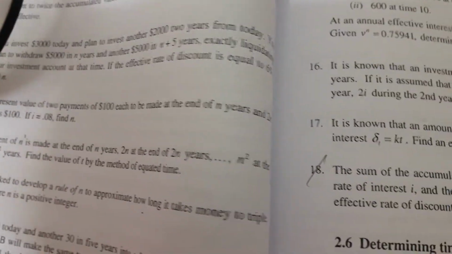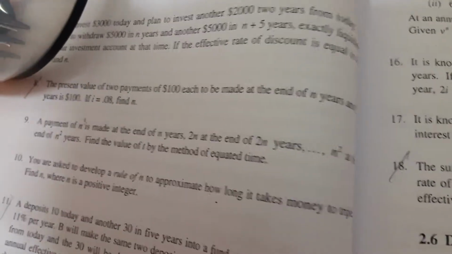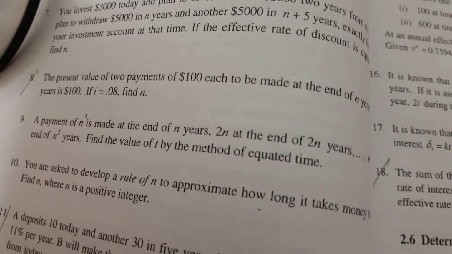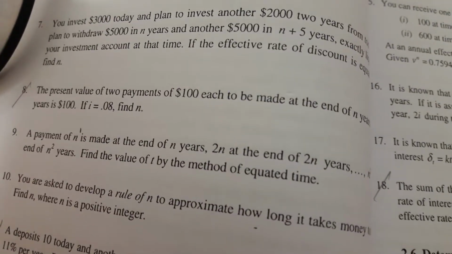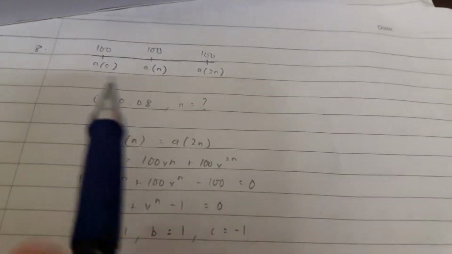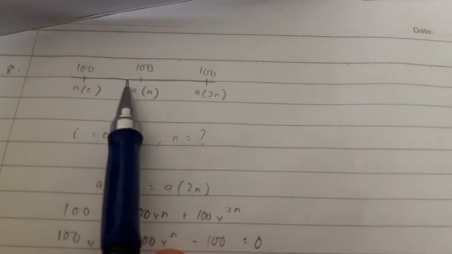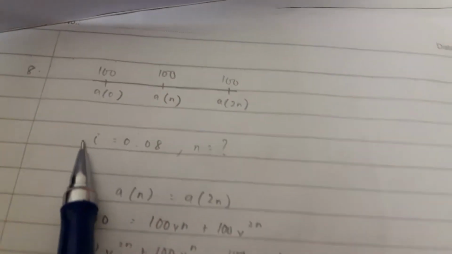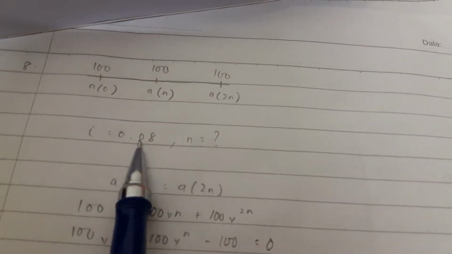The question for number 8 says the present value of 2 payments of $100 each, to be made at the end of n years and 2n years, is $100. If i equals 0.08, find n. Then we draw the timeline of this. a_n is 100, a_2n is 100, we know that i equals 0.08, and we'll find n.